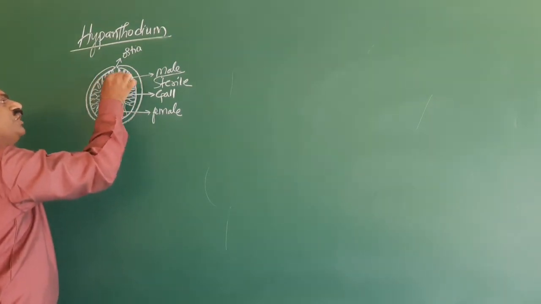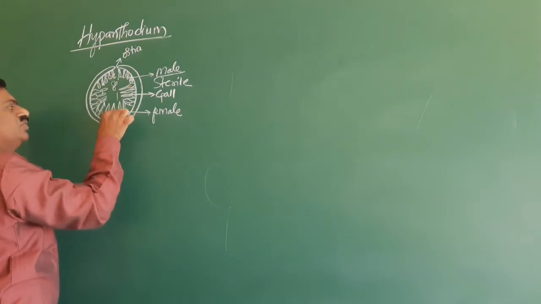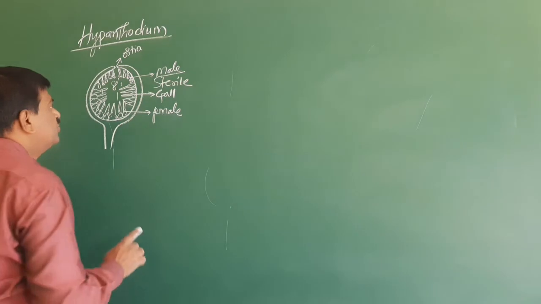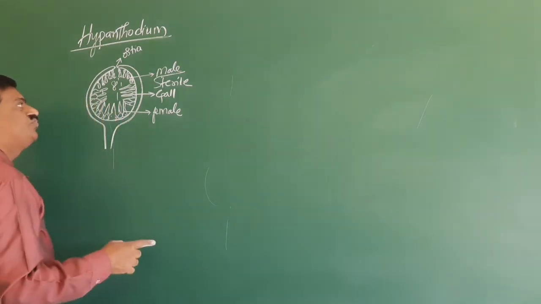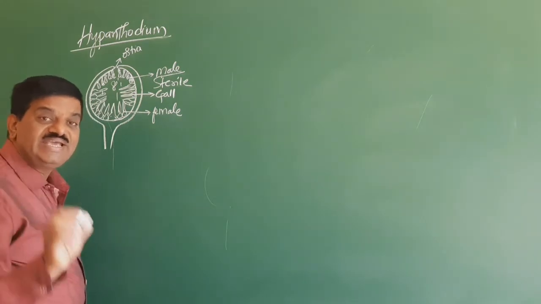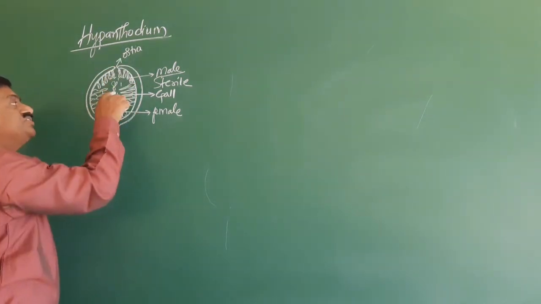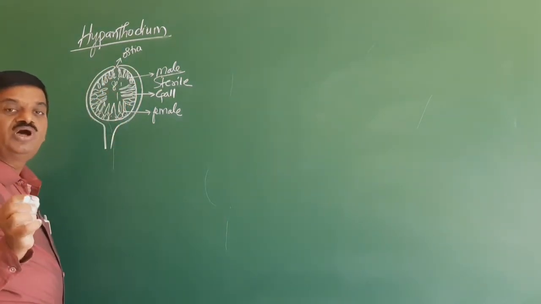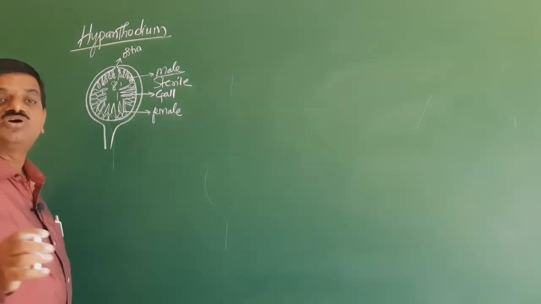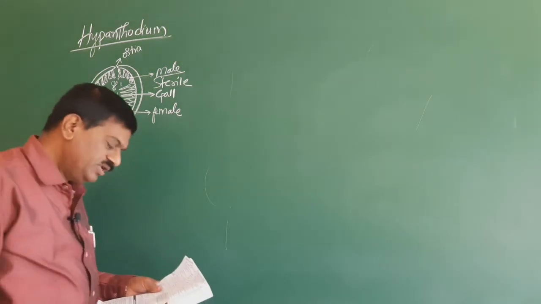Automatically the pollen grains fall on the ovary and they undergo fertilization. Same way, this wasp lays the eggs and comes out. These eggs hatch into small worms. So this type of inflorescence is called hypanthodium inflorescence.